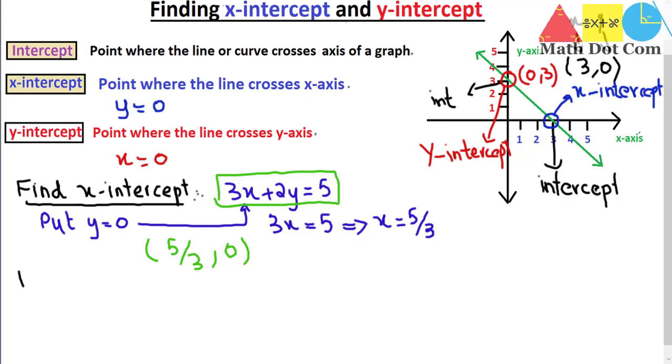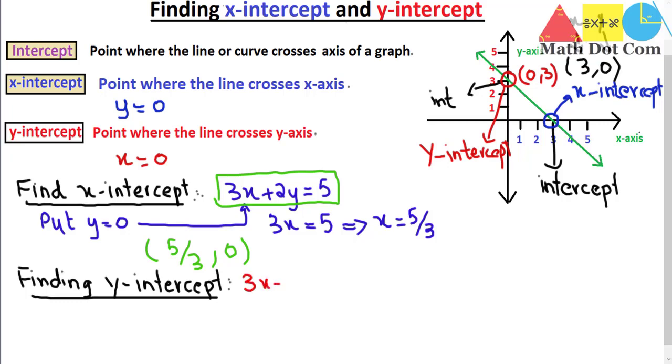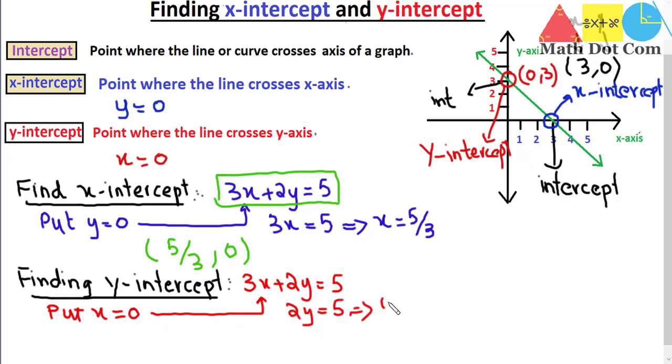Now let's see how you can find the y-intercept. We apply the same method, taking the same equation, 3x plus 2y equals 5. In finding the y-intercept, we have to put x equals 0, because on the y-axis we have x equals 0. We put this value in, and we get 2y equals 5, so y equals 5 by 2.